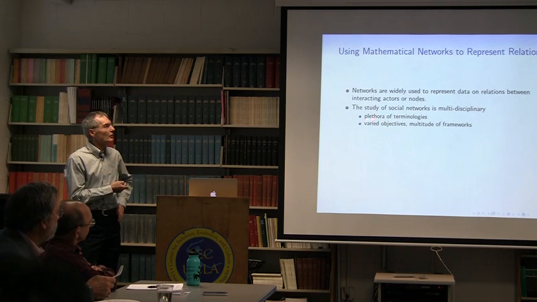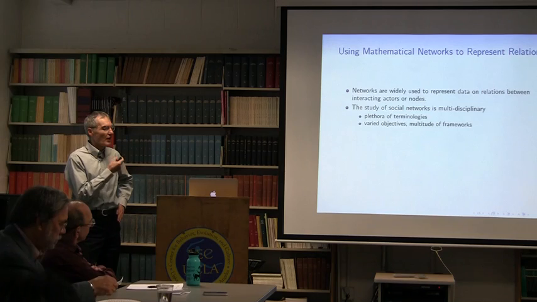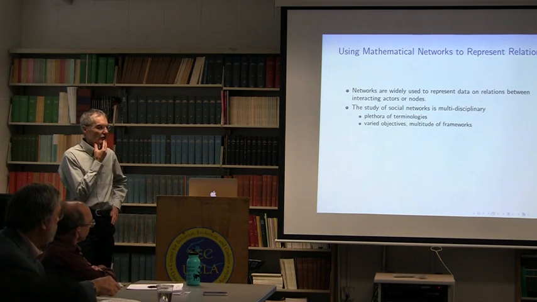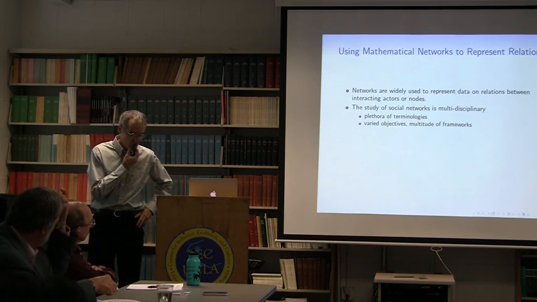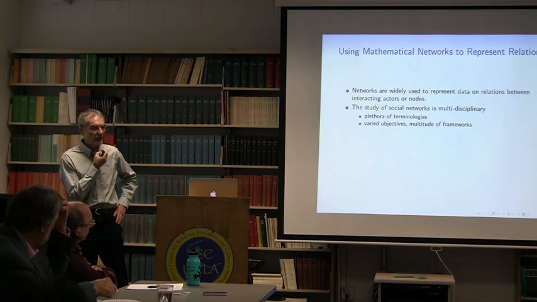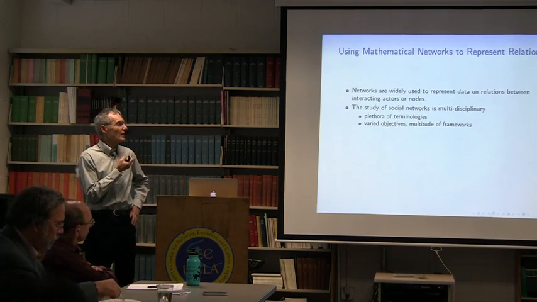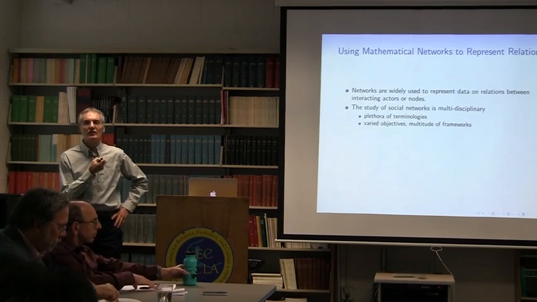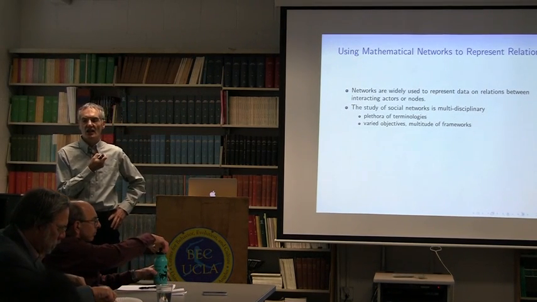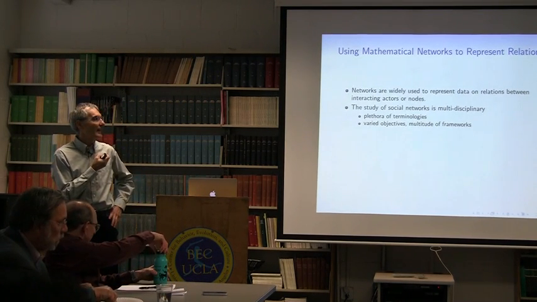And this leads to, from our perspective, a bunch of different issues that are worthwhile keeping in mind. One is that the terminology and nomenclature used is very different between the various sciences involved. Very simple things like nodes or vertices change a lot.